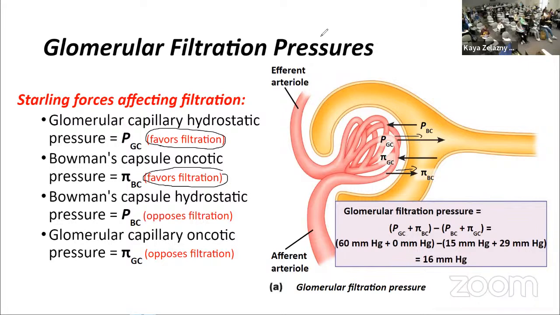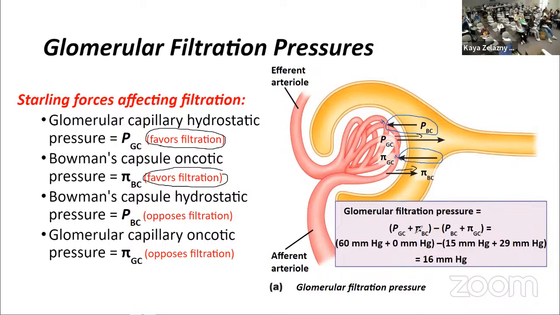And then we're going to subtract out any forces that oppose that. So anything that keeps fluid in the capillary. So any pulls or pushes towards our glomerular capillary are going to oppose this, okay?